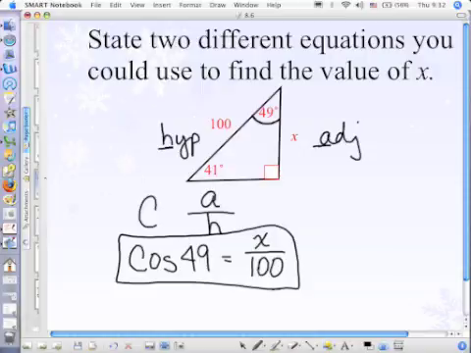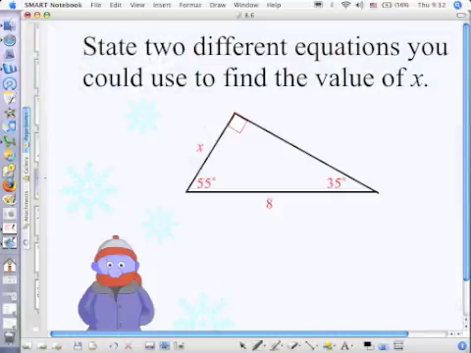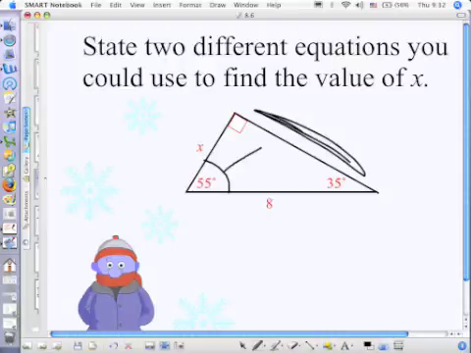So this leg is the one that's touching the angle. Put it this way: if you draw an arrow from the angle to the leg, and it's right there, right next to it, it's adjacent to it. If I designate this angle, and I'm talking about this side here, and I draw an arrow from this to the side, it's opposite the angle.